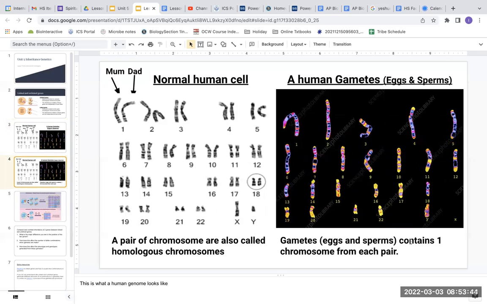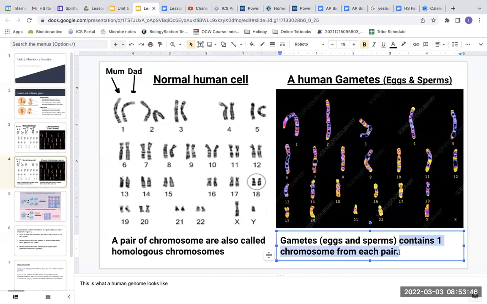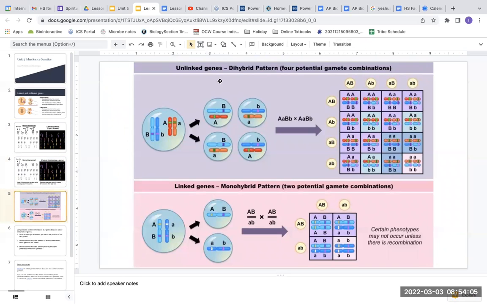All right, so your gametes will contain one chromosome from each pair, and together they make a new human being with complete sets of chromosomes. And that is going to bring us to why linked and unlinked genes seem to be inherited slightly differently.